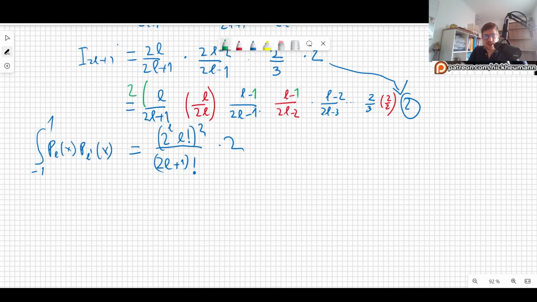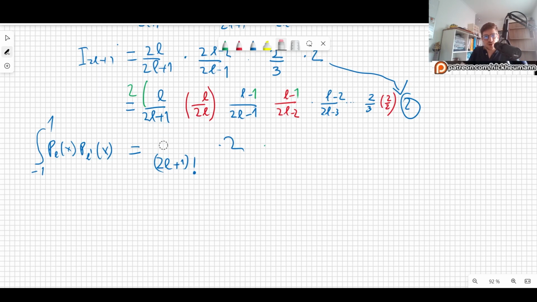This is this times 1 over 2 to the L, L factorial, 2 to the L prime, L prime factorial. But we are in the case where L and L prime are the same, so just get rid of the primes. And notice that this perfectly cancels out with this.